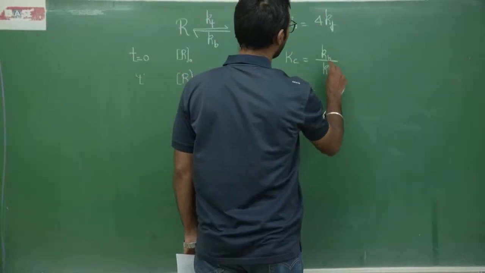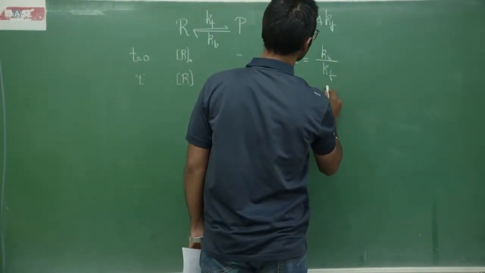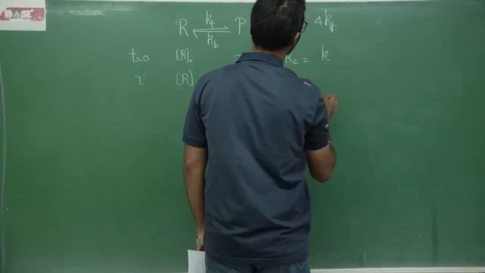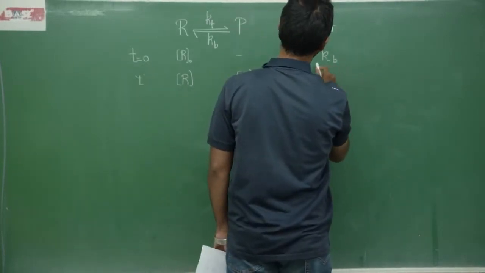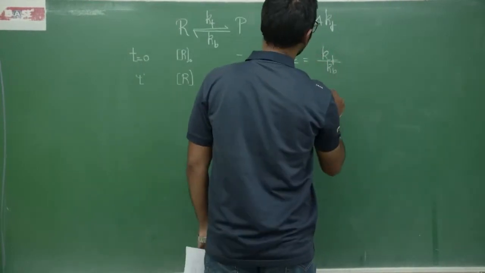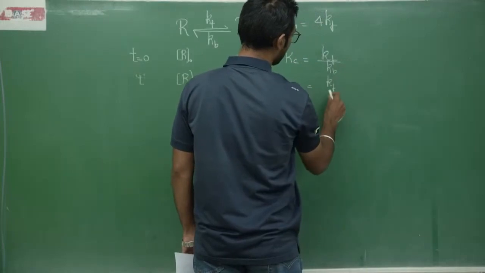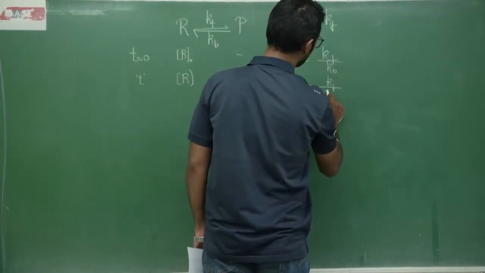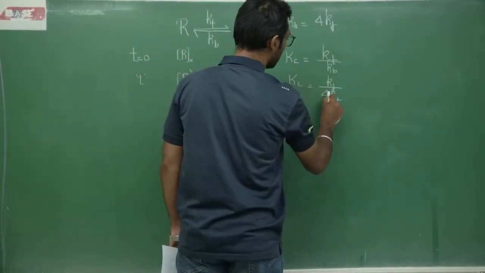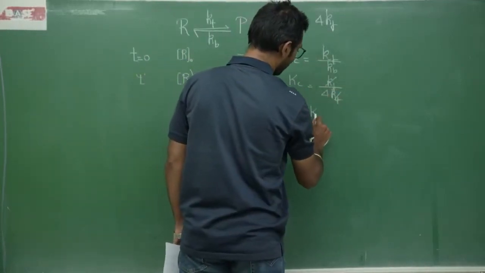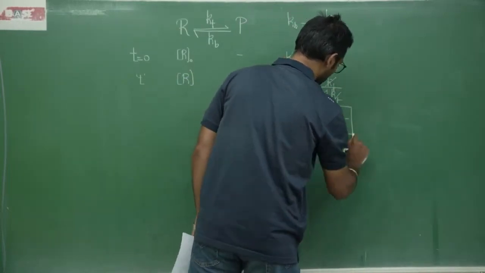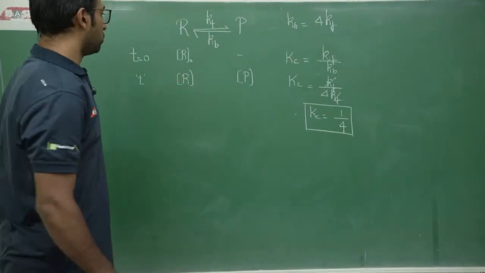Now, I know that Kc is equal to Kf divided by Kb. I have changed it, I'm sorry. And then I know that Kb is equal to 4 times Kf. Alright. And now what happens is Kf and Kf get cancelled out. Therefore, Kc is equal to 1 by 4. Okay. So the equilibrium constant is equal to 1 by 4.